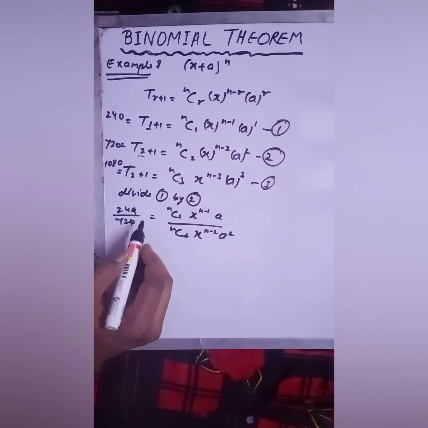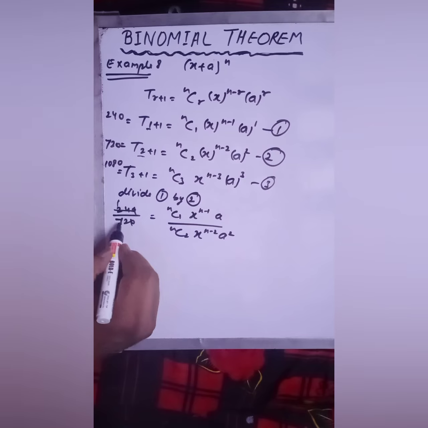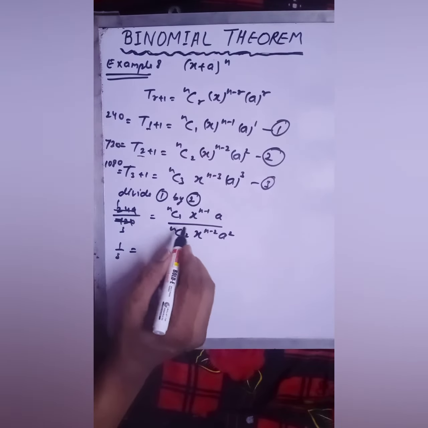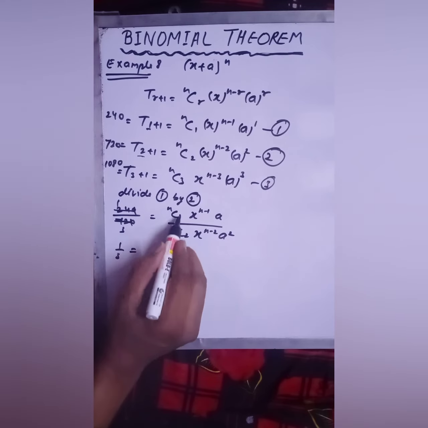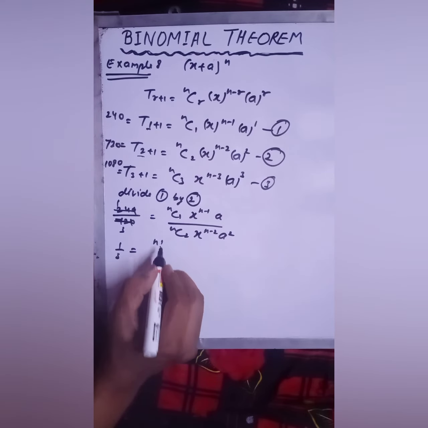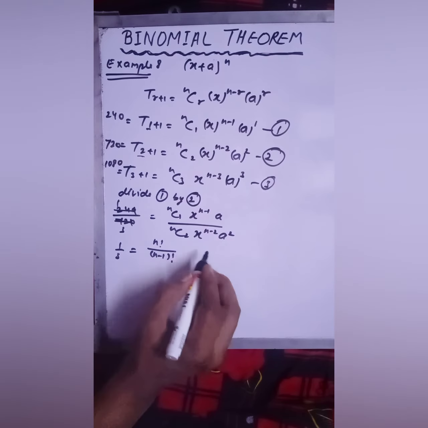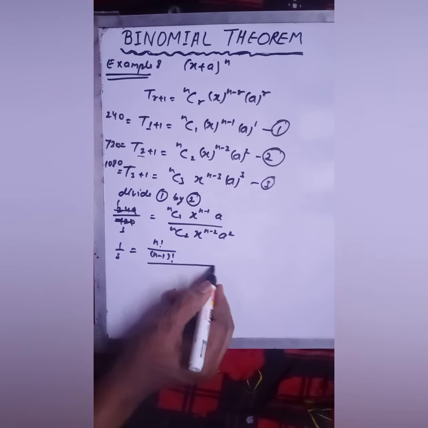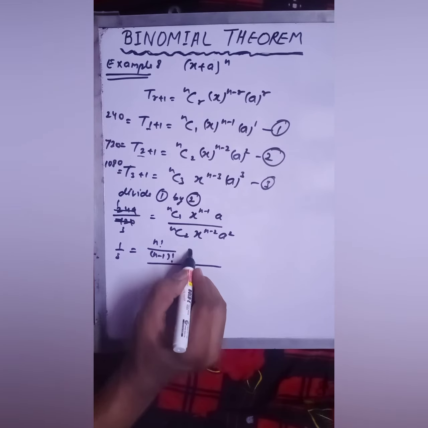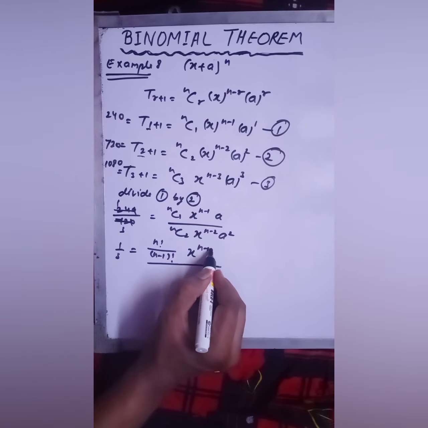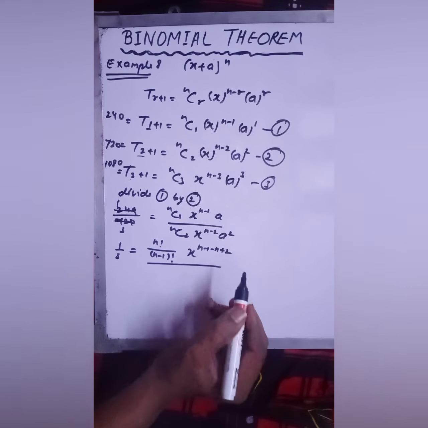So here you have to simplify, 1 by 3, that is equals to, here you have to solve this would be n factorial over 1 factorial and n minus 1 factorial. So 1 factorial I'm not writing, over, this is your x, so x^(n-1), so both bases are same, so just you have to subtract the powers, so it would be minus n plus 2.